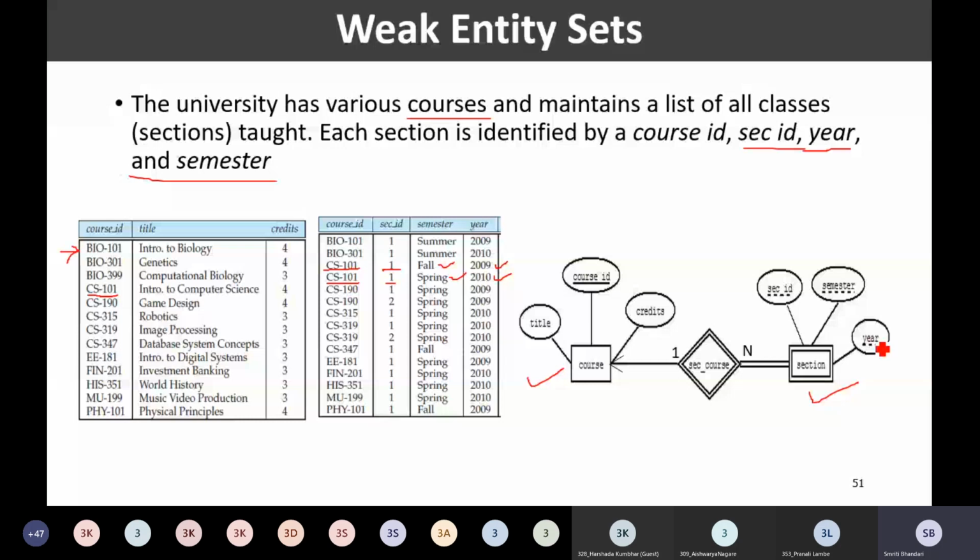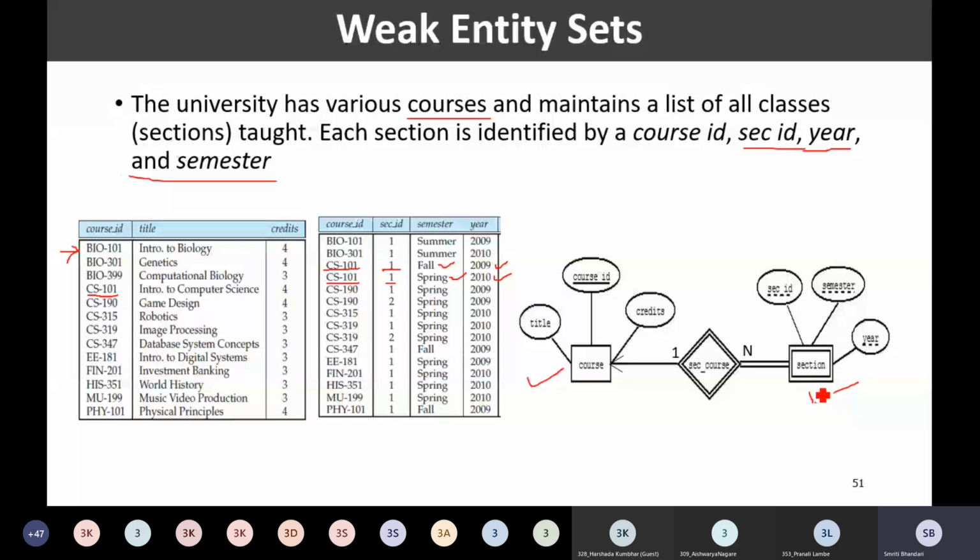And that is why the existence of this section entity set, which we have depicted here, always depends upon some other entity set, and that is why we say that this section is the weak entity set. And in ER diagram, the weak entity set is depicted like double rectangle as shown here.